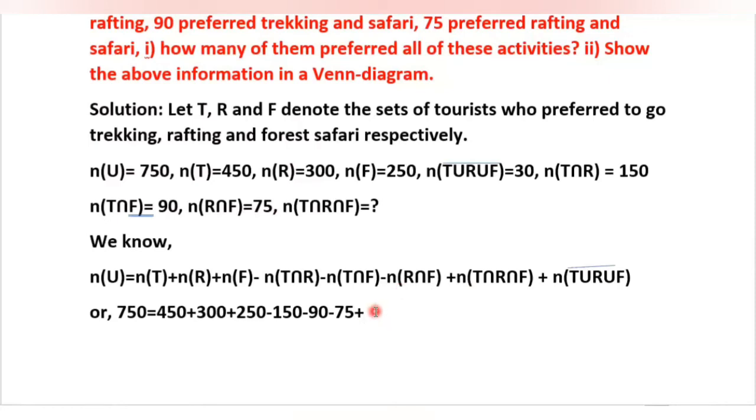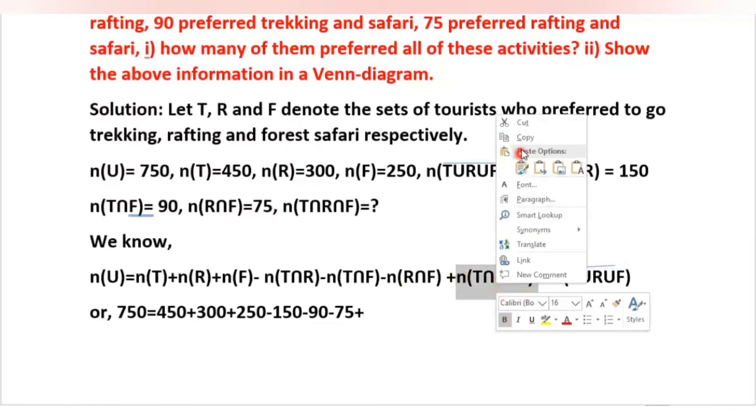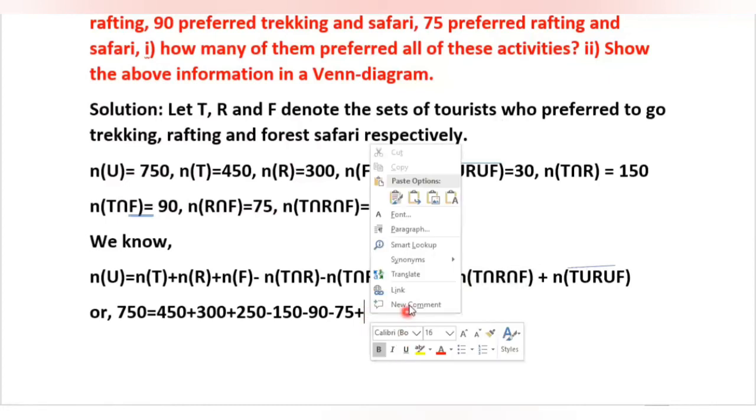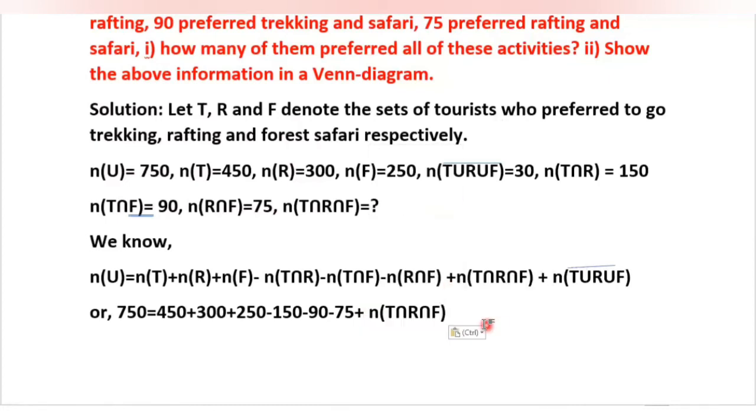You can suppose x, it doesn't matter, or simply copy and paste the same thing. And plus the value for the complement, which is 30.